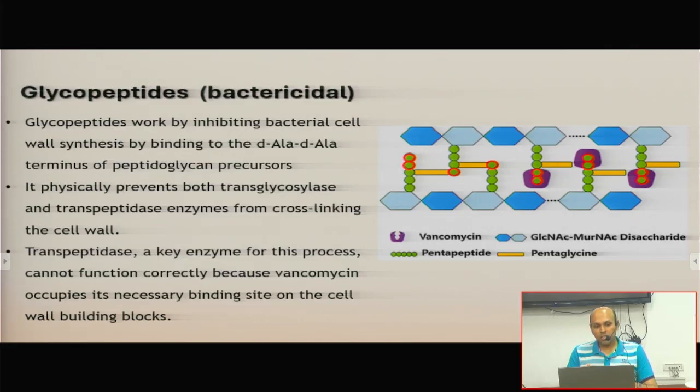It cannot function correctly because vancomycin occupies its necessary binding site in the cell wall building block. So it is like vancomycin is sitting over there, not allowing that reaction to occur. So this is again a bactericidal antibiotic.